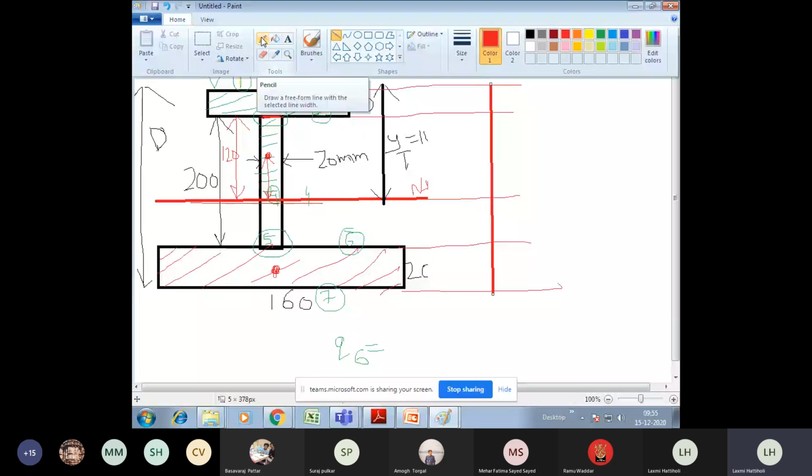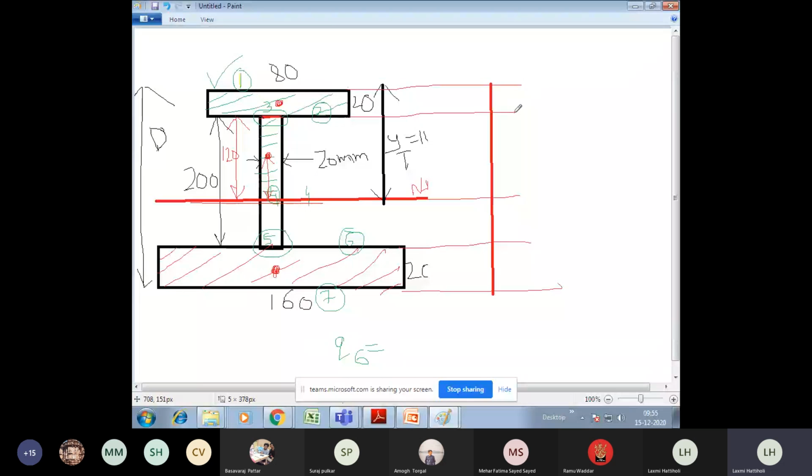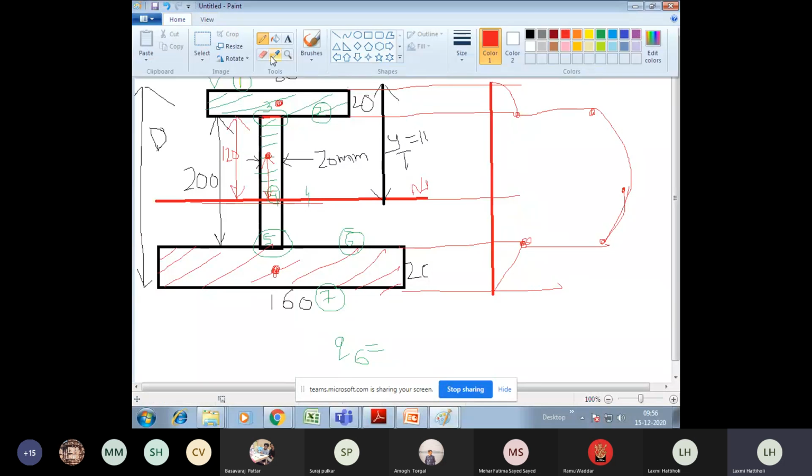After marking the baseline, first mark the points so that it becomes easy to understand. Next, simply join them. This is how I have joined it. This is at the neutral axis. From here it goes on, then again here, and this is how you will get the variation diagram.